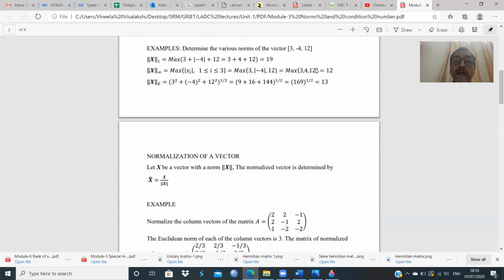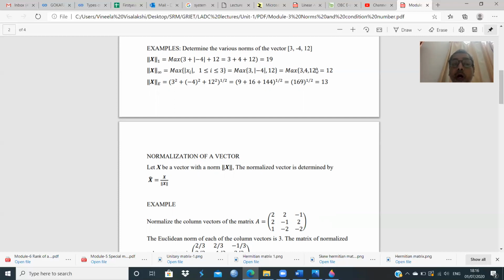So that is the one norm for this vector. The infinity norm is the maximum among the absolute values of the vector components. In this case, the maximum of 3, mod of minus 4, and 12, which gives us 12. And the Euclidean norm is the square root of the sum of the squares of the vector components. So this gives us 13.